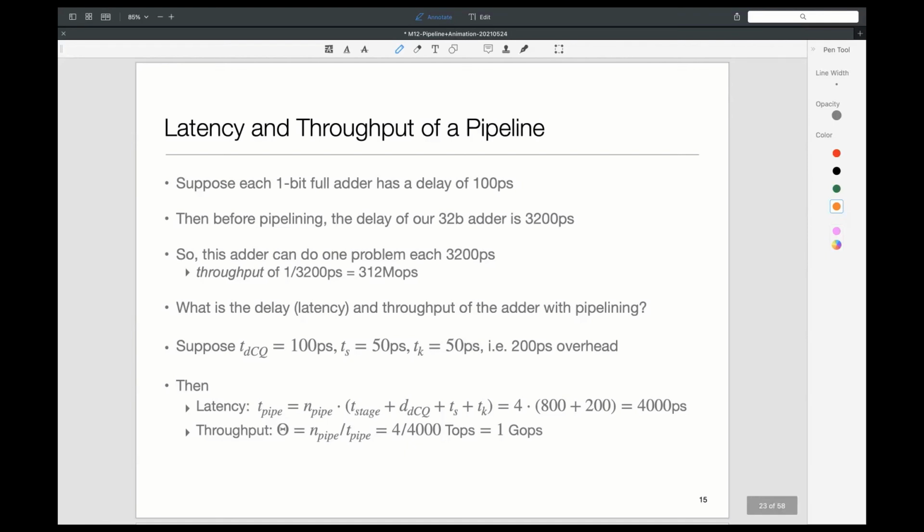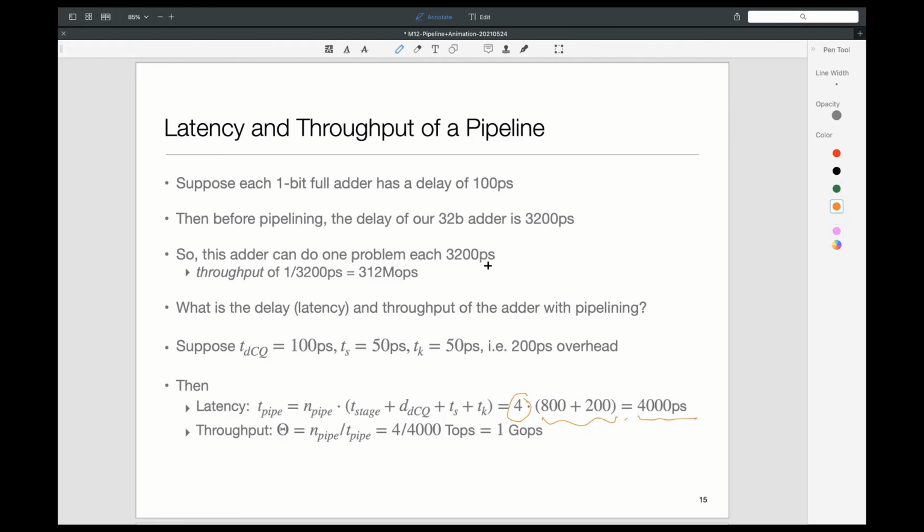So that's 800, and I also have to pay for setup time and skew, so it's 800 plus 200. My clock cycle, instead of being 800, is going to be a little bit higher. And I need four clocks to do a job, so I will need 4,000 picoseconds to do a job.